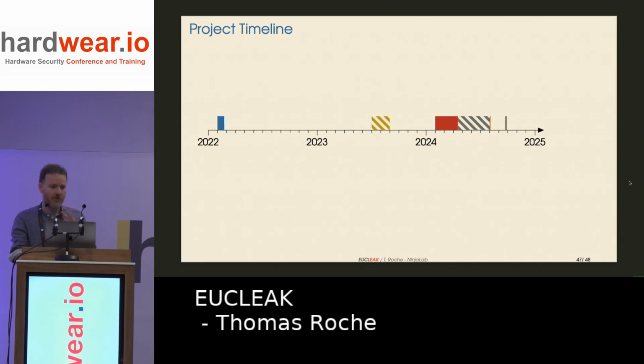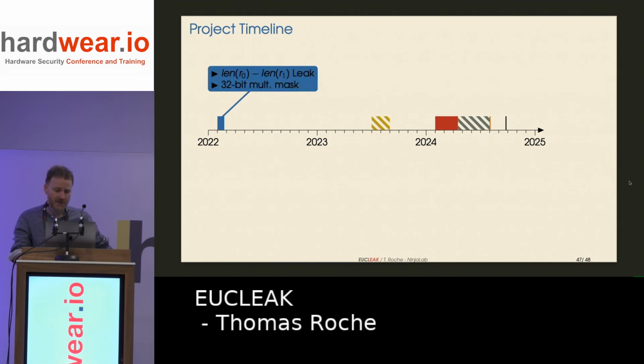And I want to finish with the project timeline. So the project started in early 2022, where we identified the first leakage and the size of the mask, but then had to stop, and we waited. We had to wait for a long time before having enough time to continue.